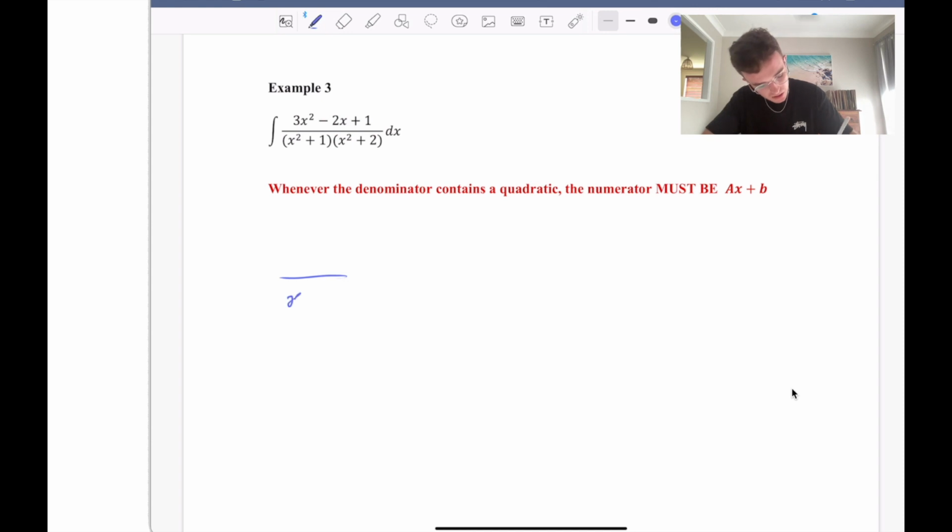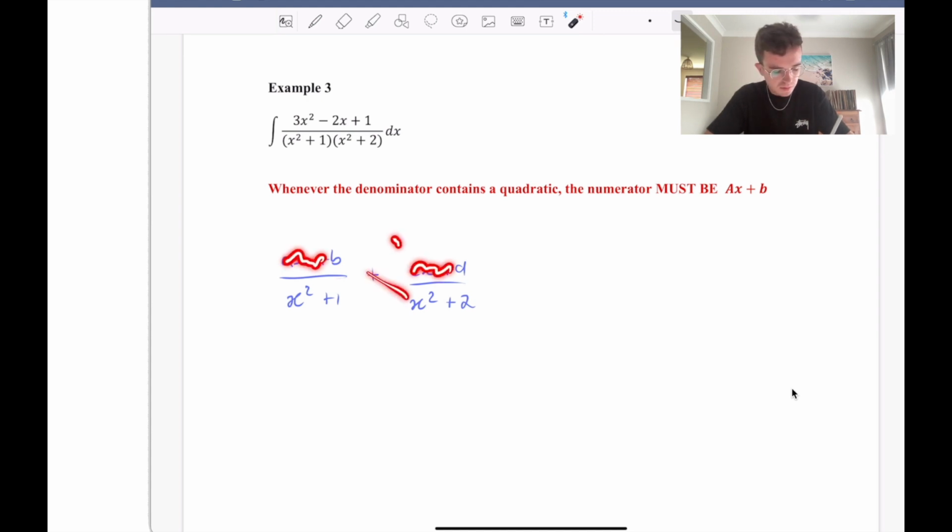So we need to write this as ax plus b on x squared plus 1 plus cx plus d on x squared plus 2. The reason we need to do that is because if we just had b and d on the top, when we multiplied these up here, we're not going to have any x terms.